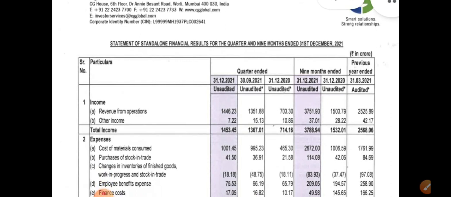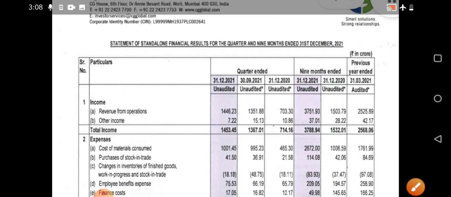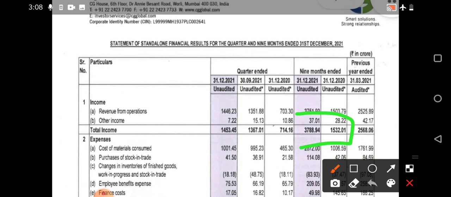First, in the income section, we can clearly see the total income is somewhere around 1453 crores. Everything is represented in crores, as they have clearly mentioned. If you compare that with the previous quarter, it was 1367 crores. So we can say a very good increment on a quarter basis. Now let us compare year on year how the company has performed.